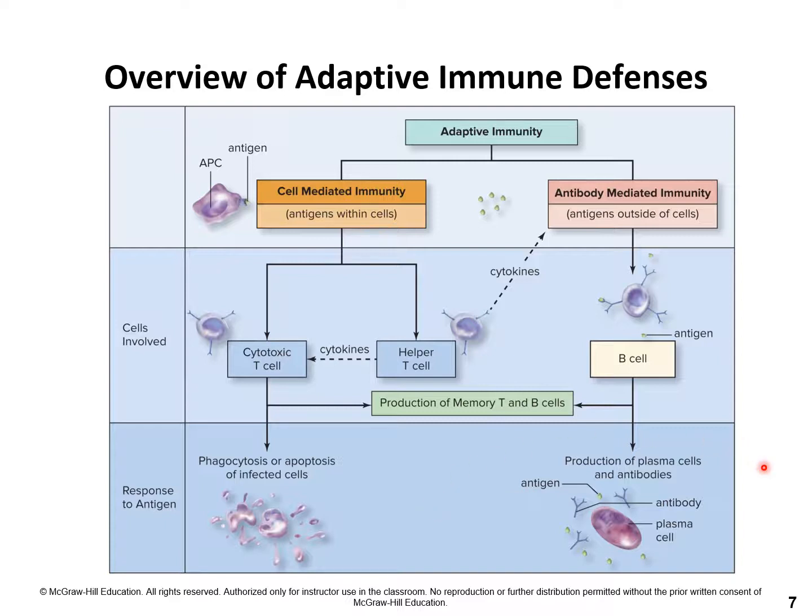And so when the body encounters that same specific antigen again, the immune response is much faster than it is the first time it's recognized. Because those memory cells are in the body already, and they don't have to go through that maturation process, the response is quicker and stronger.